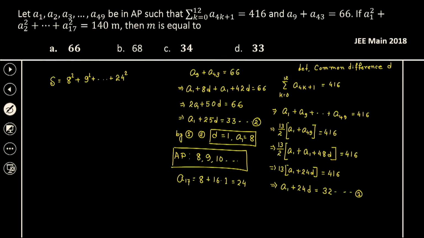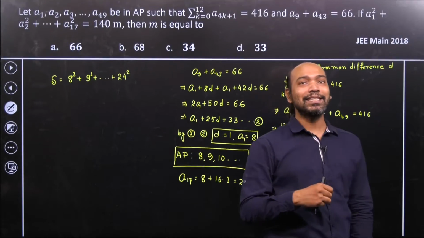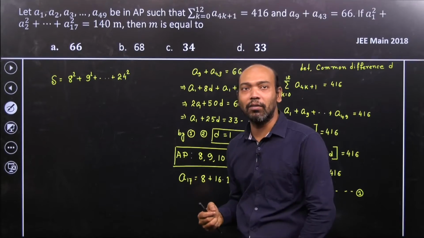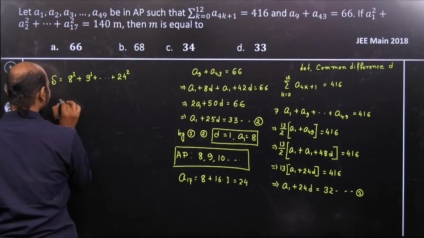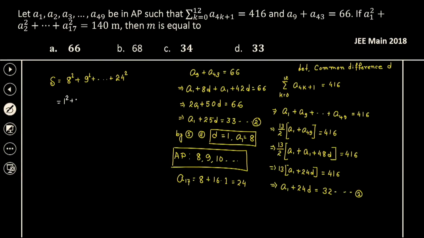Now we have to do this sum, which is not that easy to find, so we apply a different technique. Here I can write 1 squared plus 2 squared plus dot dot up to 7 squared; we just add them and subtract the same.